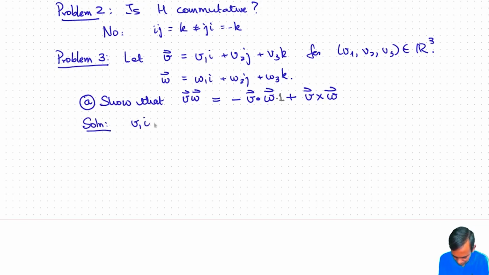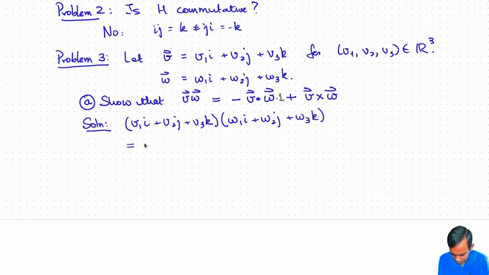So we have v1 times i plus v2 times j plus v3 times k, multiplied by w1 times i plus w2 times j plus w3 times k. Now let's look at the terms where we take the same term: the first term in the first factor and the first term in the second factor, the second in the first and the second in the second, the third in the first and the third in the second.